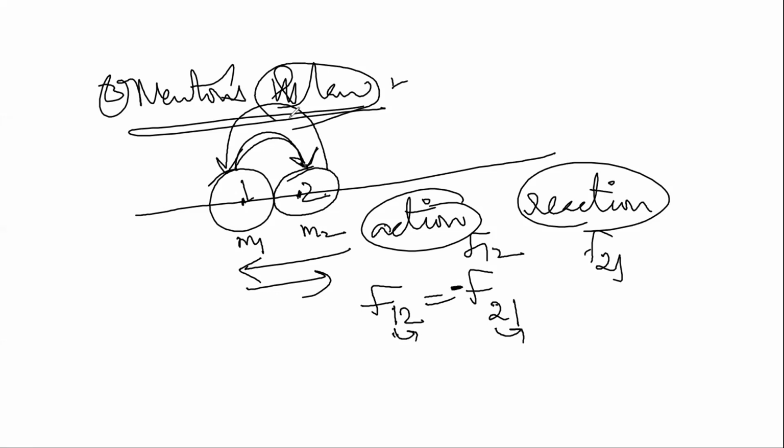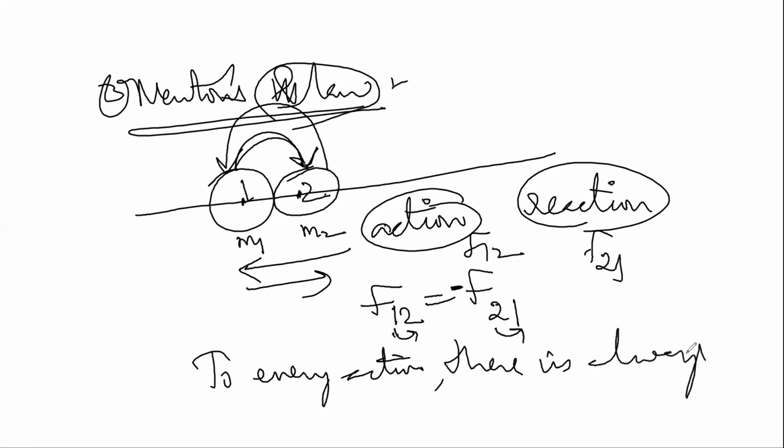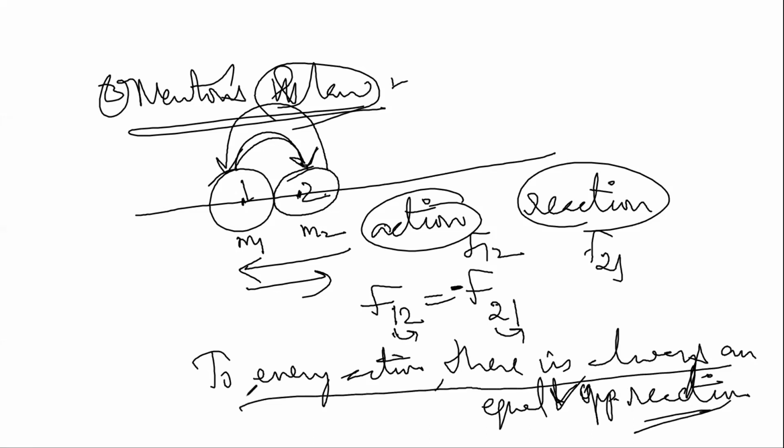Or else we can give it in the other form: to every action there is always an equal and opposite reaction. Equal, but there is a negative sign, meaning opposite reaction.